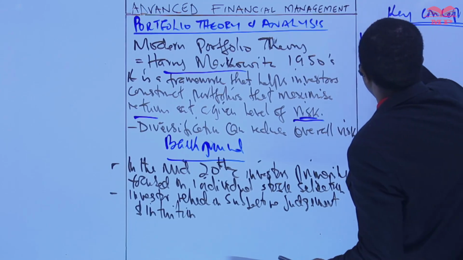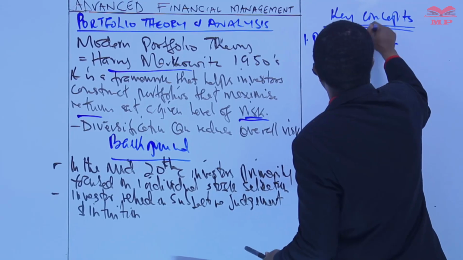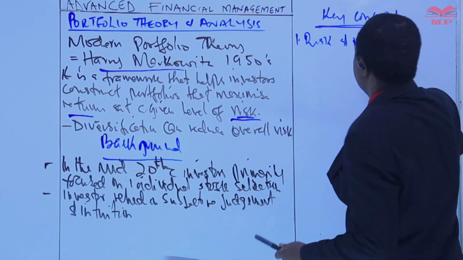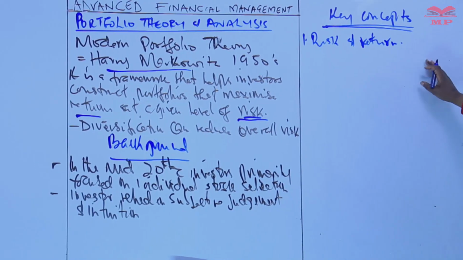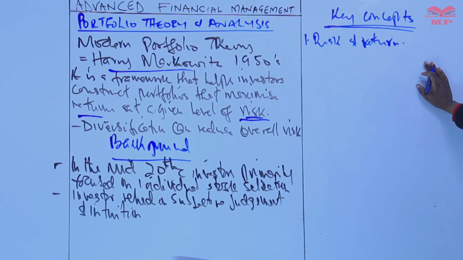One, risk and return. Remember, we say that it is a framework that helps investors construct portfolios that maximizes returns at a given level of risk. And here candidates, risk is measured by variance or standard deviation.